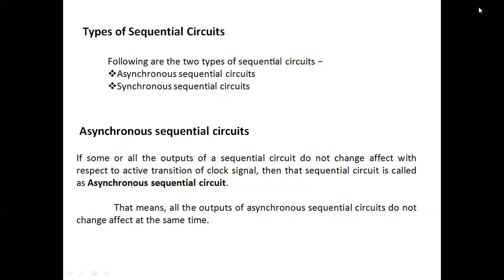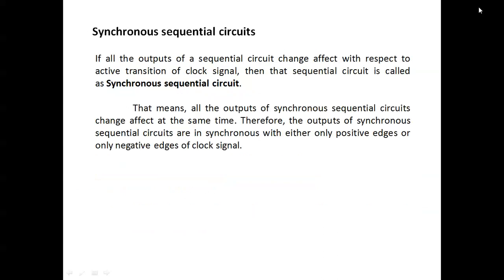The first device gets triggered, and the output comes from the first device, then only the second device gets triggered. So they can't work all simultaneously. This is the asynchronous sequential circuit.